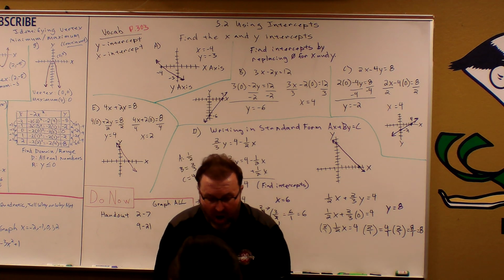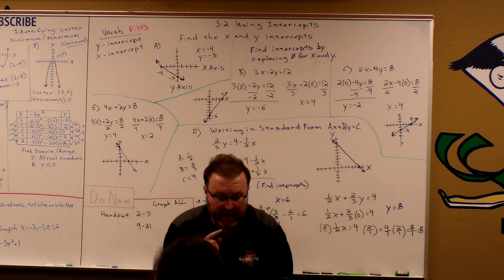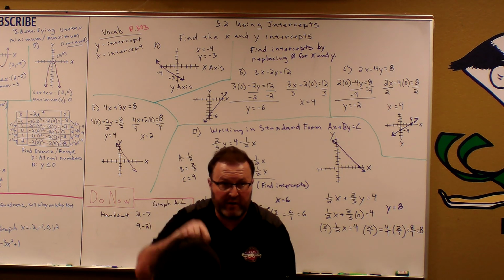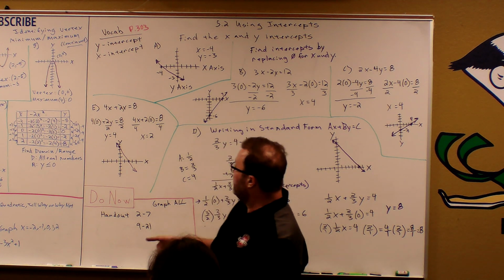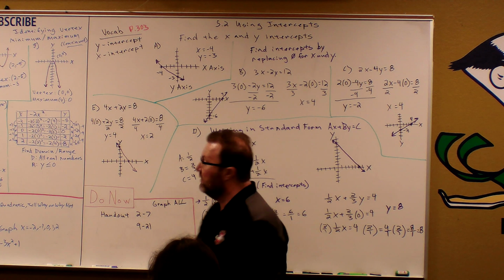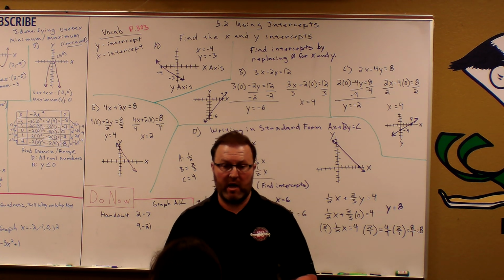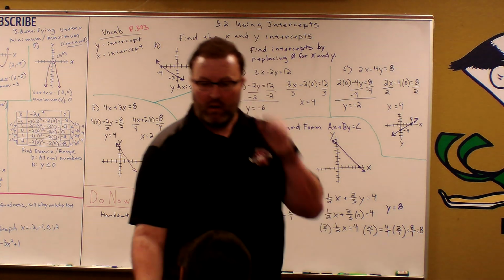So you might have a problem, like look at number 17. Notice how the 4y is on one side and the 2x is on the other? We need to move the 4y to the other side and rewrite it. So same thing that we had to do on this one, or even this one right here. We need the x and the y on one side. Are we good? Okay, make miracles happen. Good talk.